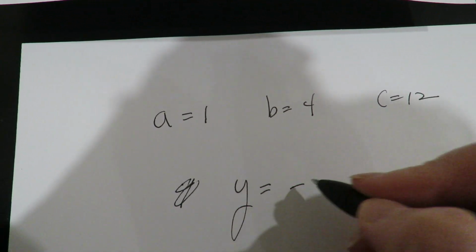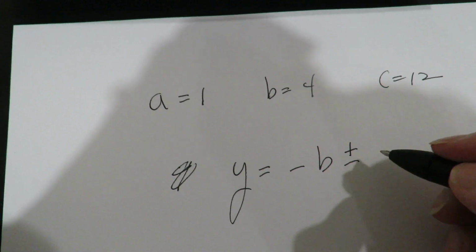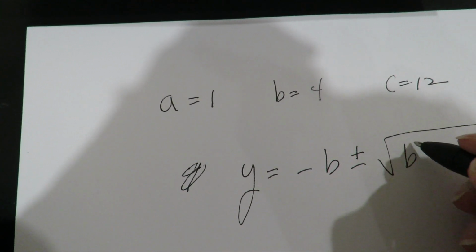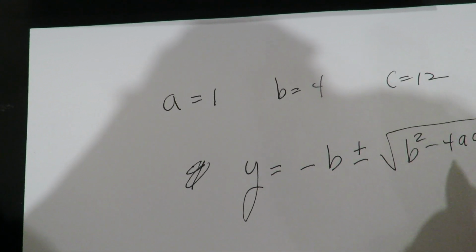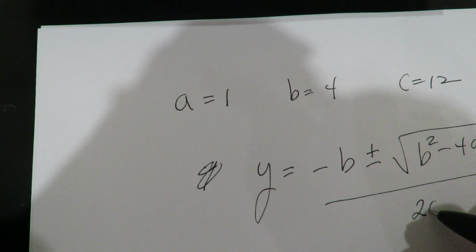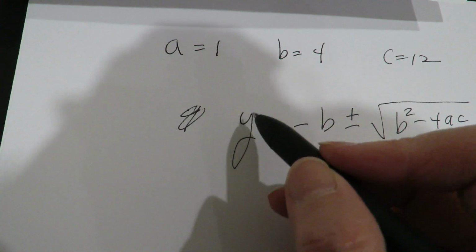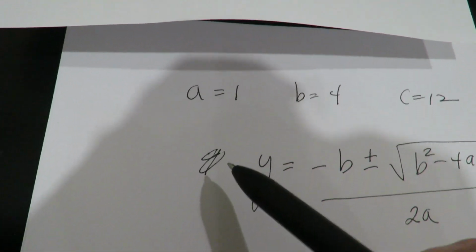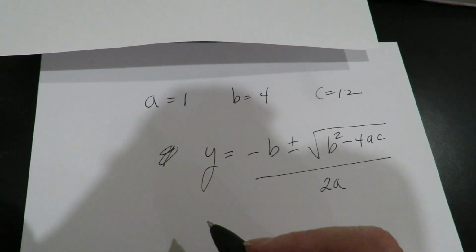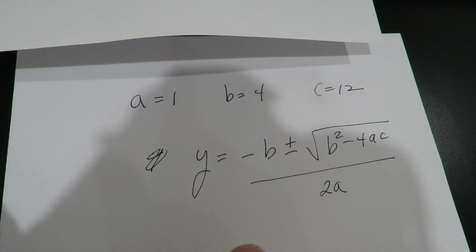So let me say y equals negative b plus or minus the square root of b squared minus 4ac, all over 2a. This really is whatever variable you need it to be. In our case, we're solving for y, so I'm saying y. But if you accidentally say x on the test, it's no problem.